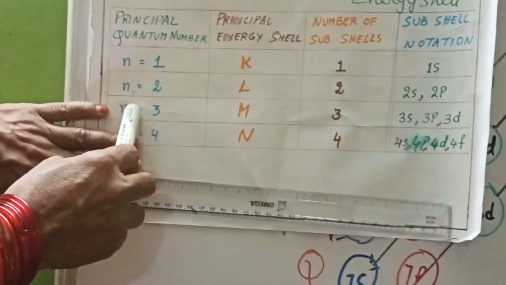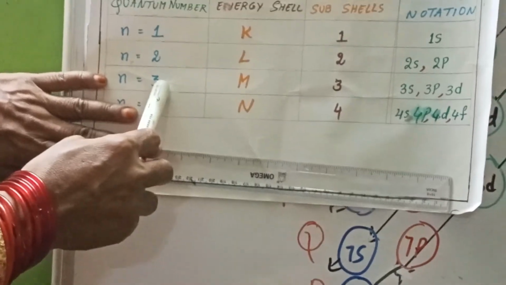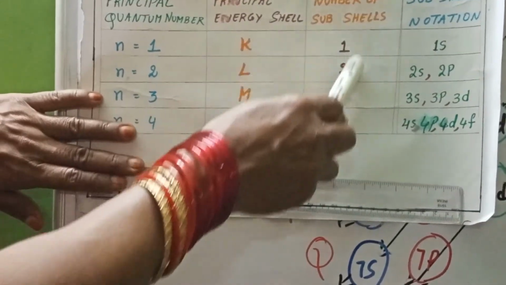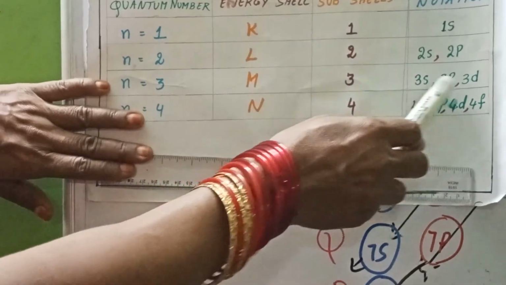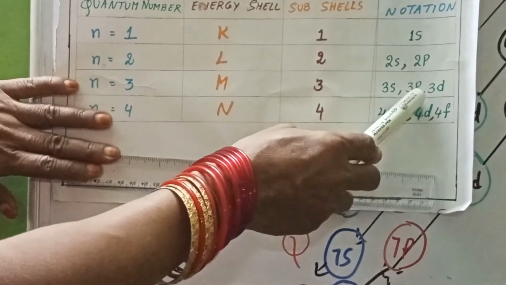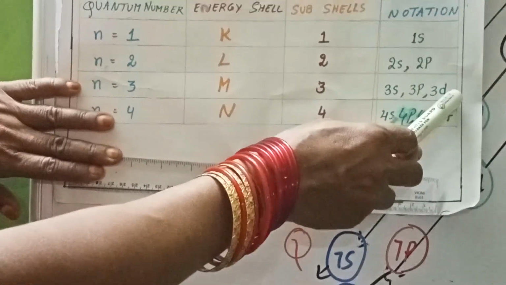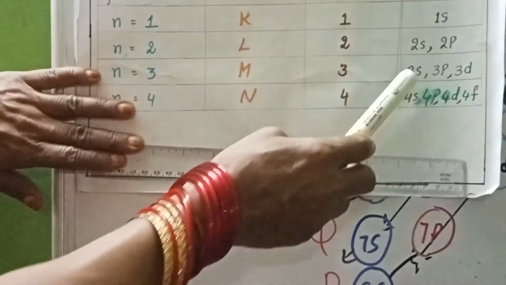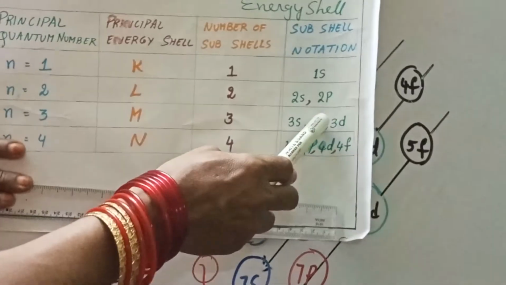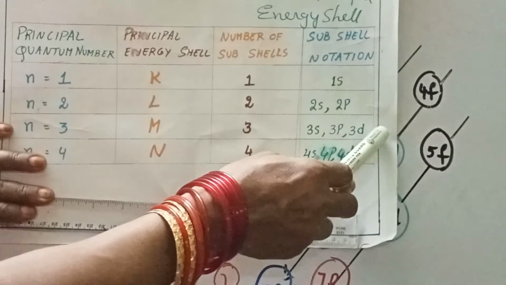Next, when the principal quantum number n is 3, we find the M shell, and it has 3 subshells: s, p, d. S can accommodate 2 electrons, p can accommodate 6 electrons, d can accommodate 10 electrons. So 2 plus 6 is 8, 8 plus 10, total 18 electrons.